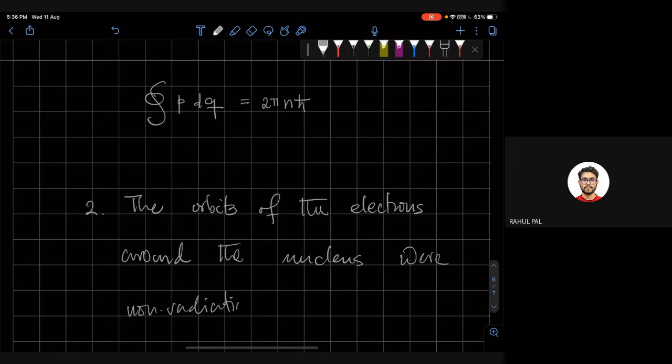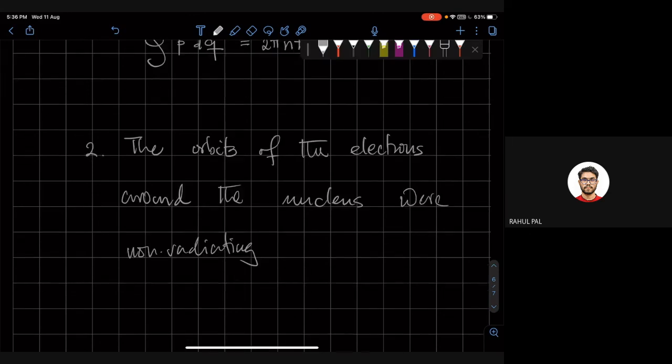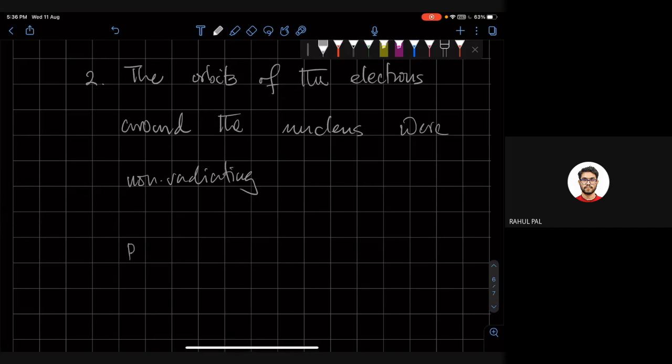Okay. So that's also an ad hoc assumption, okay? So as I said, despite these limitations, the Bohr model was a huge success. And people realized that there was something about quantum mechanics that must be true.